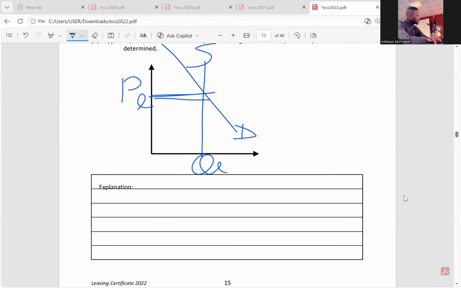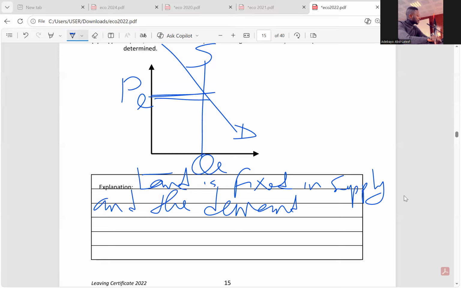The demand curve facing land is downward sloping.